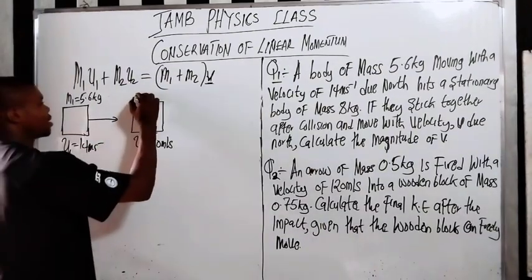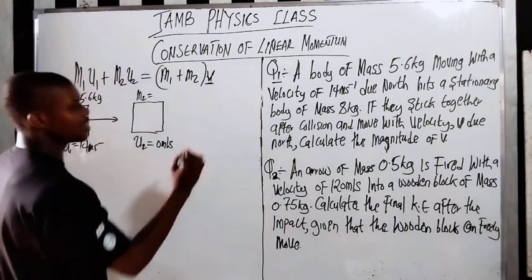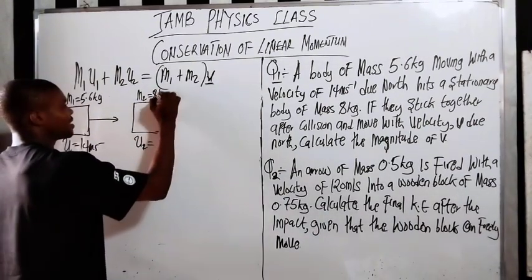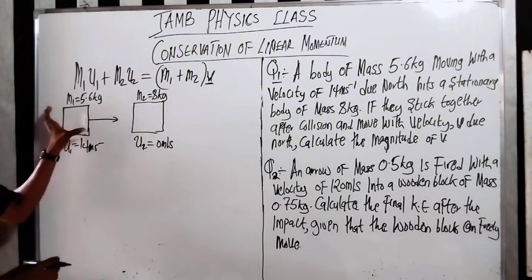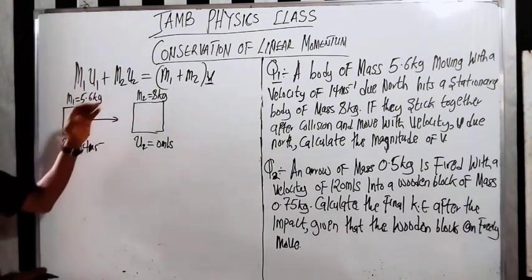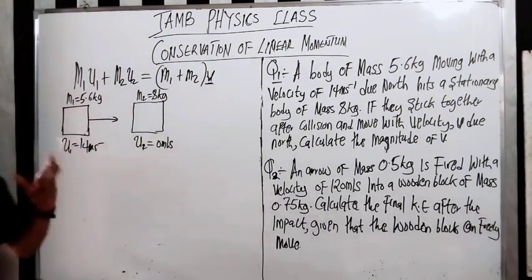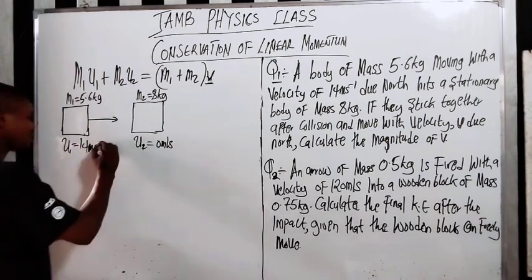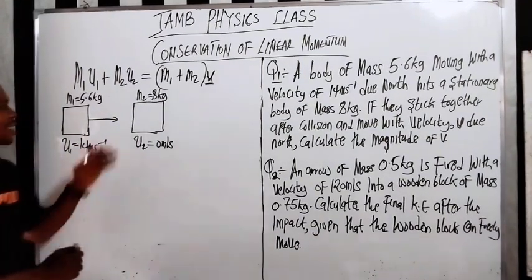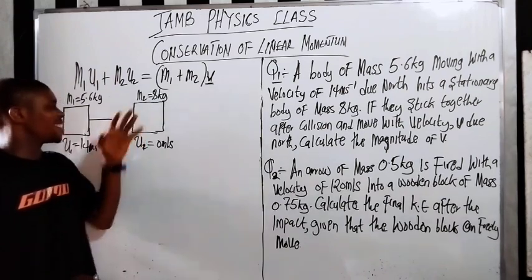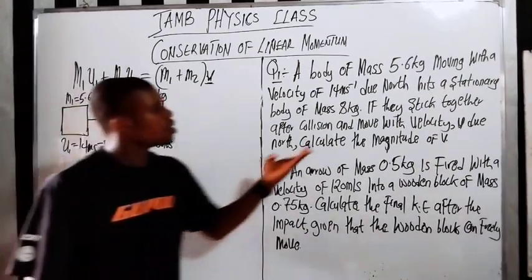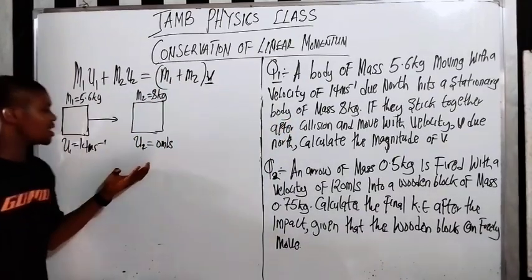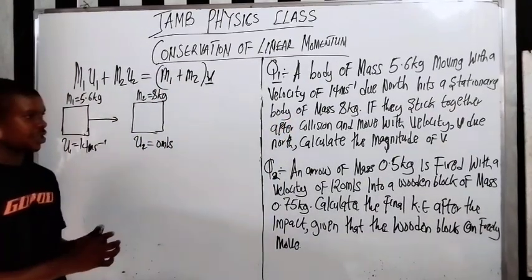The mass is m2, which is 8 kg. Can you see that? So the first body has a mass of 5.6 kg, moving due north with initial velocity of 14 meters per second. Now there is a stationary body having a mass of 8 kg.